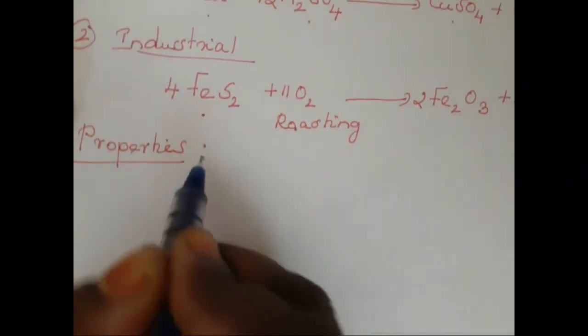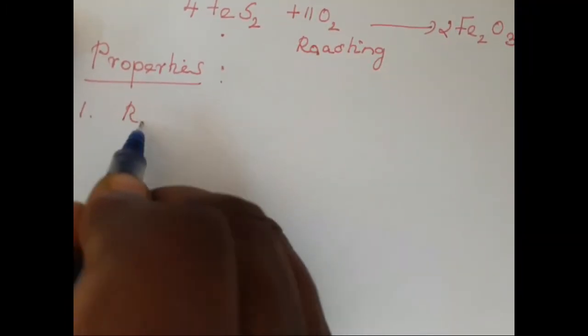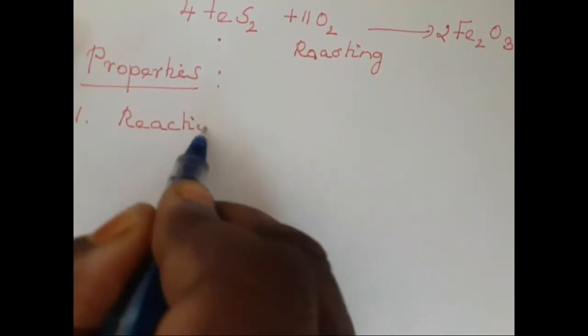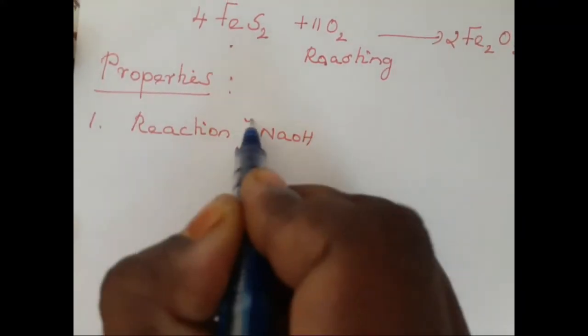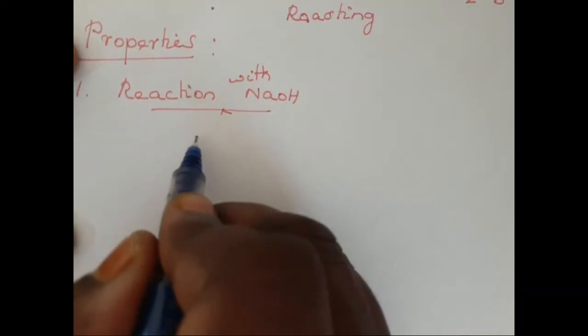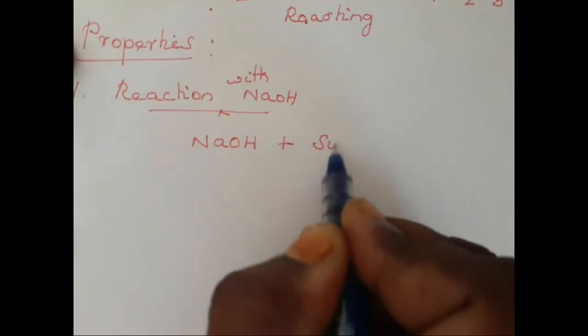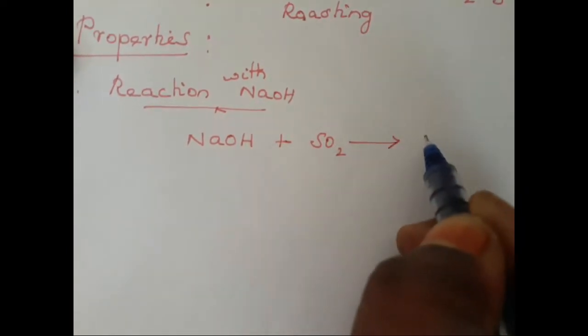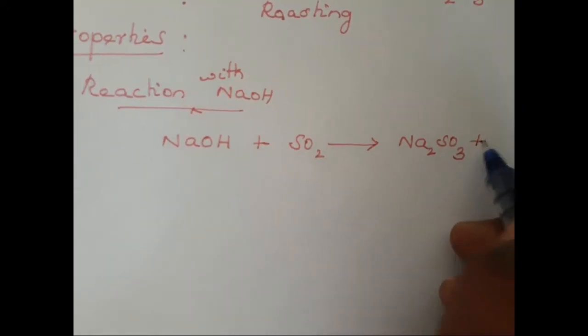Now let us see the properties of sulfur dioxide. We are going to see the chemical properties now. The first property is the reaction of sulfur dioxide with sodium hydroxide. Sodium hydroxide, when treated with sulfur dioxide, gives sodium sulfite, Na2SO3, plus water.